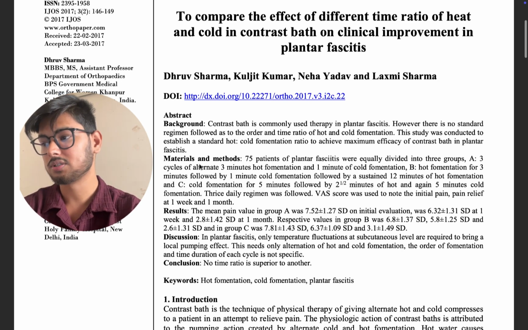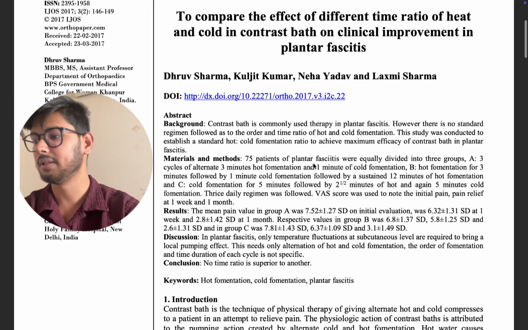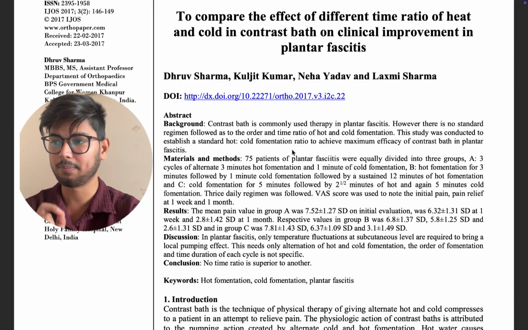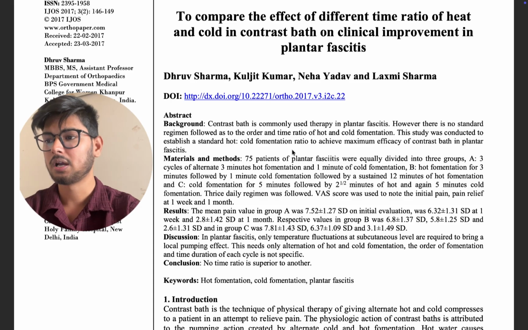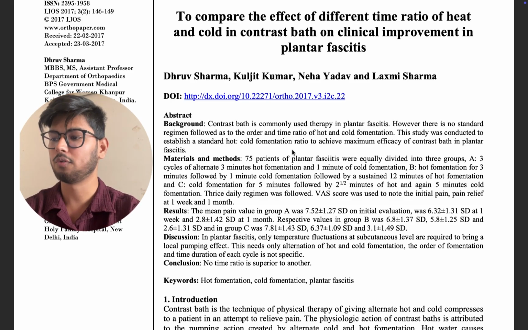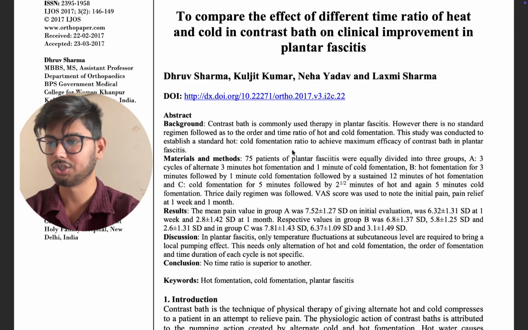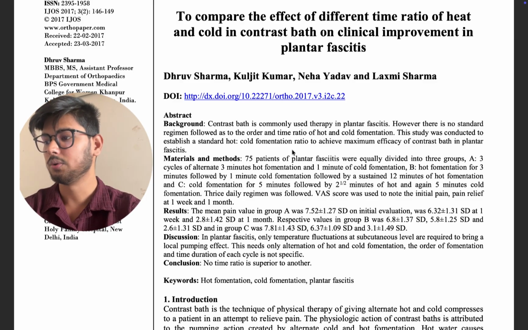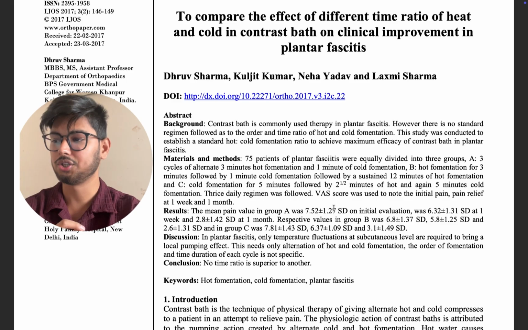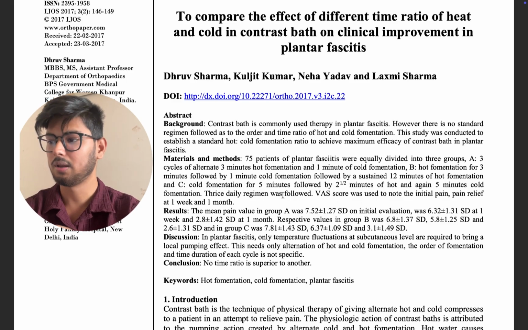So in the abstract, first of all, we have the background. They have made a clear statement that contrast bath is commonly used in the therapy of plantar fasciitis, which we already know. However, there is no standard regime followed for the order and time ratio of hot and cold fomentation. The study was conducted to establish a standard hot and cold fomentation ratio to achieve maximum efficacy of contrast bath in plantar fasciitis.